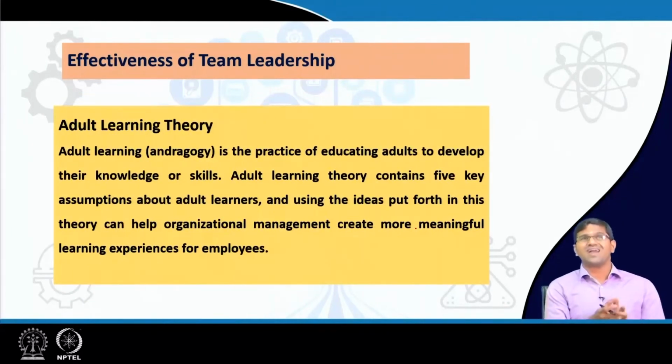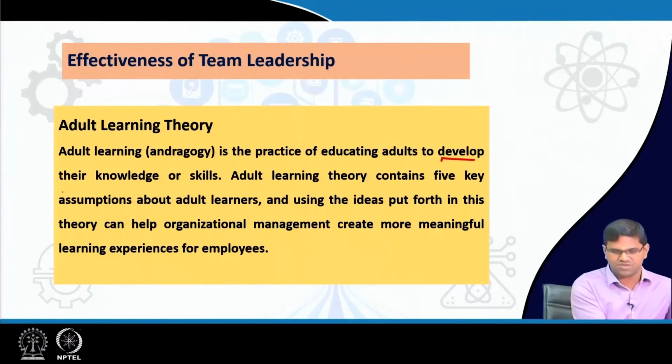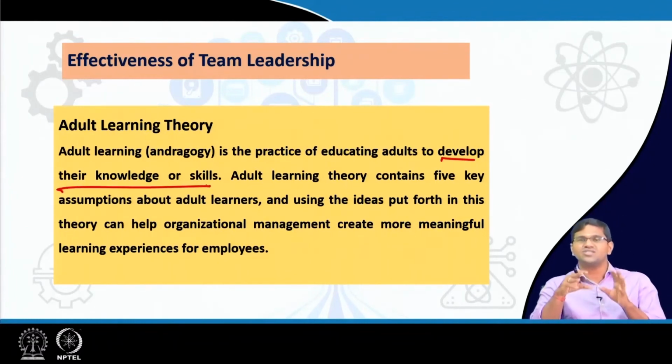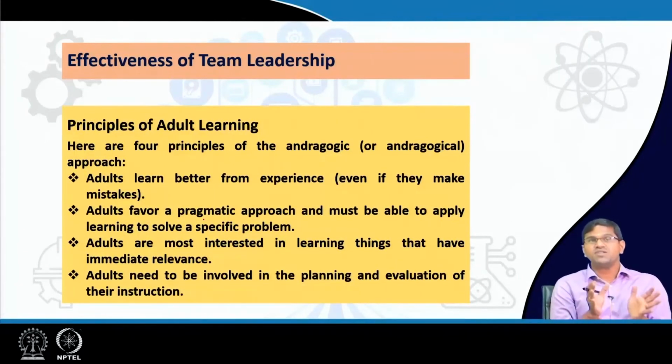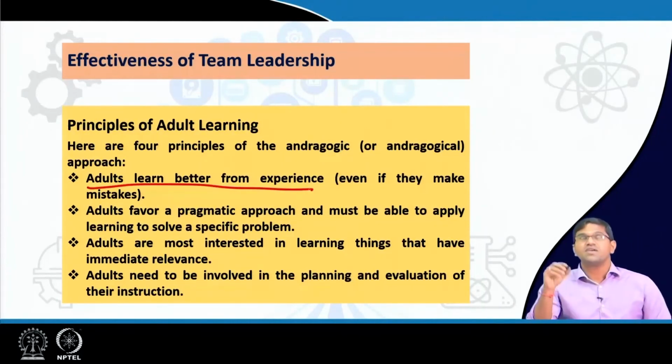The last one is adult learning theory, which is andragogy, the practice of educating adults to develop knowledge or skills. There are 5 key assumptions about adult learners. The principles of andragogy say that adults learn better from experience.